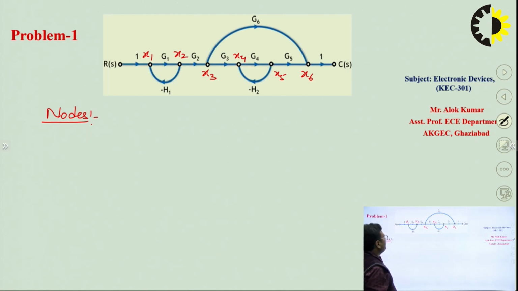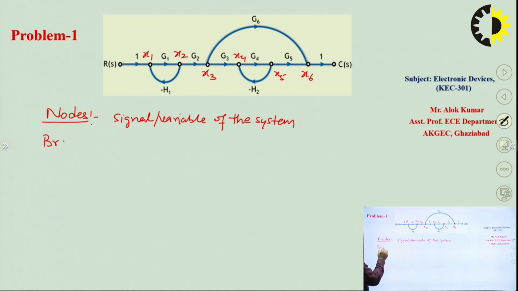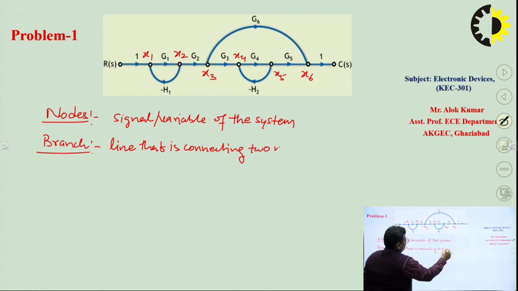A node is nothing but a signal or variable of the system. Next we can define the branch. A branch is the line which is connecting or joining two nodes.